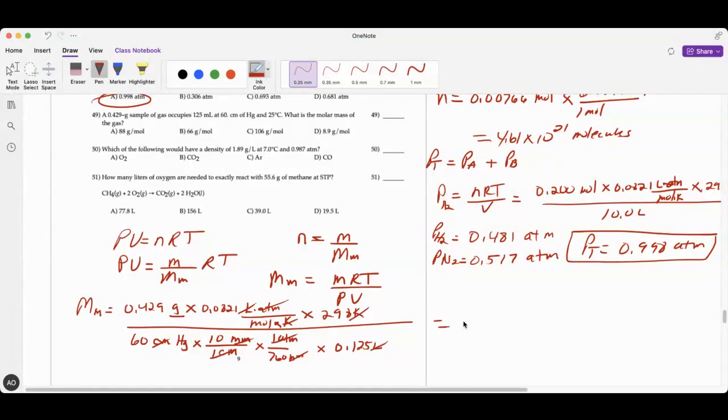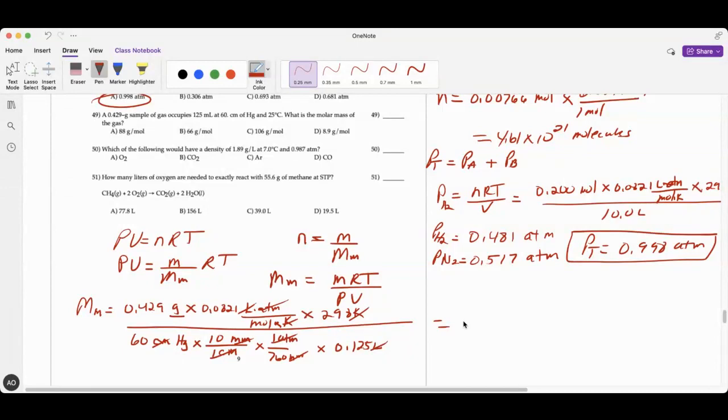So this will give us our molar mass. 0.429 times 0.0821 times 298, divided by 60 times 10 divided by 760, times 0.125.